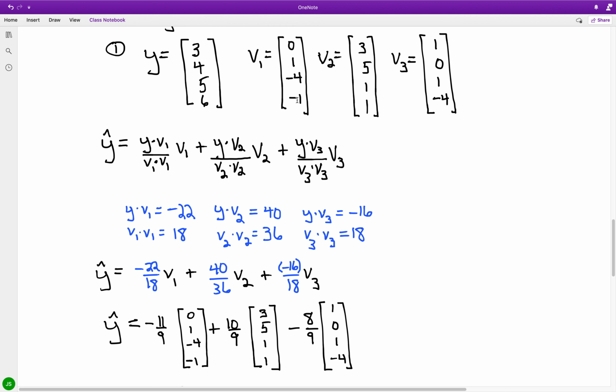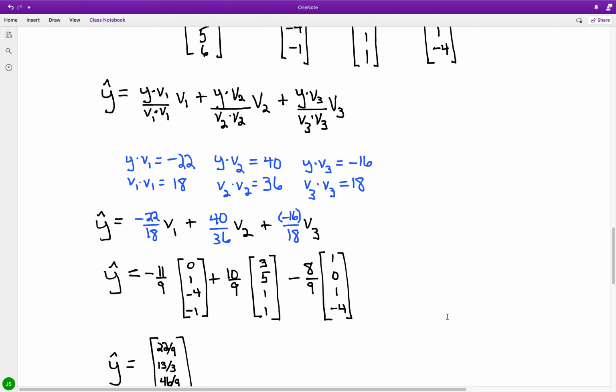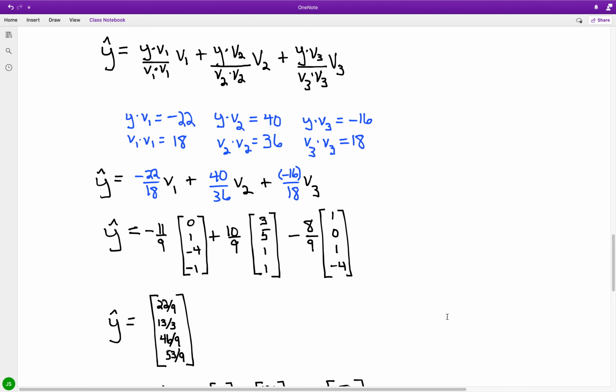Substituting the full vector representation of V1, V2, and V3 and multiplying by the weights, it turns out that the projection of y onto W, our closest point, will consist of 22 ninths, 13 thirds, 46 ninths, and 53 ninths.